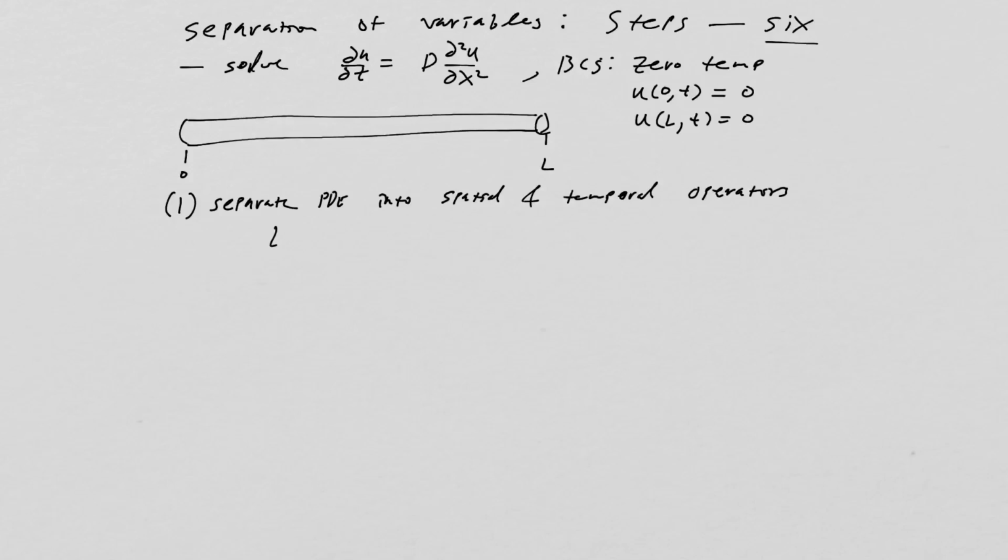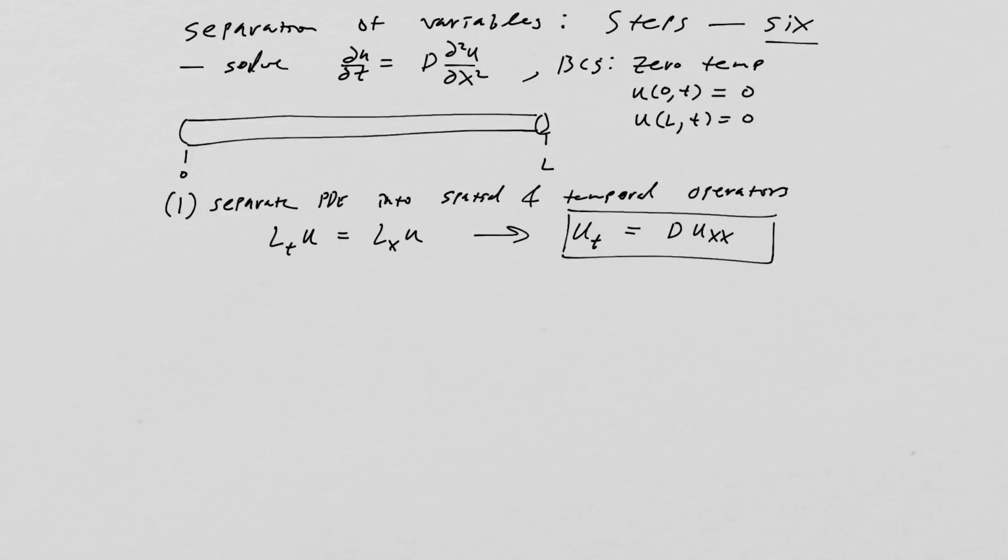So in this case, we want to find LTU equal to LXU. Specifically, we already have it here: UT is equal to D UXX. So the heat equation, as written like that, is already in separated form. We have all the spatial derivatives on one side and all the temporal derivatives on the other side. So that step is pretty straightforward. It was really already done for us.